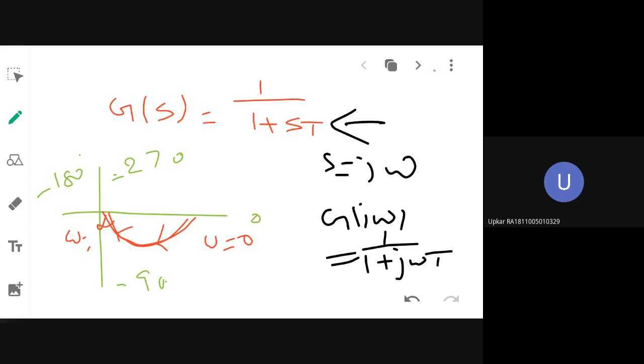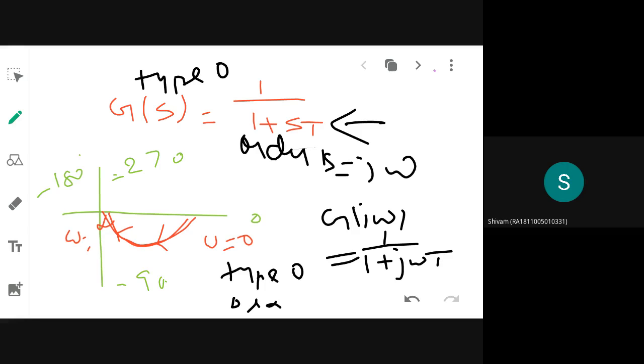So where will the plot start and where will it end? First quadrant. The graph is also drawn here. This quadrant represents type 0, order 1. So in the same quadrant it starts and it ends. This will be the shape.